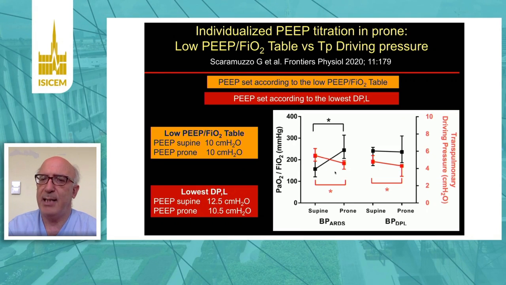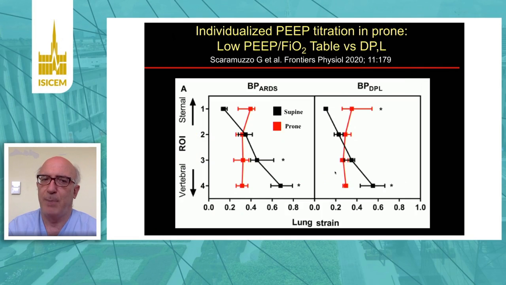On the other side, the transpulmonary driving pressure was reduced by using both the low PEEP FiO2 table or the lowest driving pressure. So the improvement in oxygenation was higher in prone position when PEEP was set according to the low PEEP FiO2 table, but not when set according to the driving transpulmonary pressure.